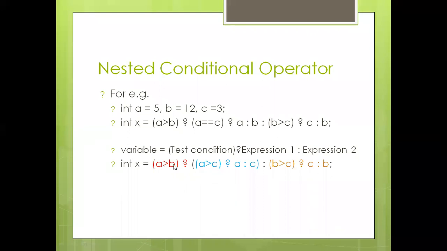But in this case, a greater than b is false, so it will go to b greater than c. This is the false part. Now b greater than c is what? 12 greater than 3. The condition is true, so it's going to return you c. Okay, it is not for the maximum, actually it's just returning the value, but if you want to check for the maximum, then you have to write b here, otherwise c. Like that, it is important which condition is getting executed.